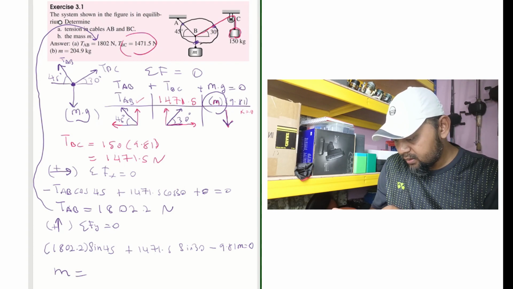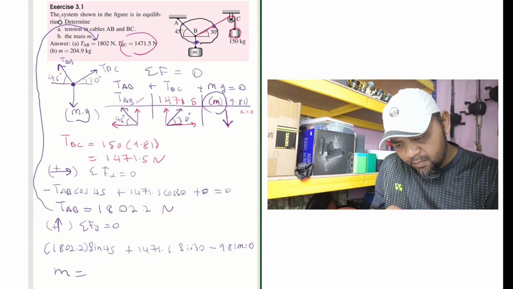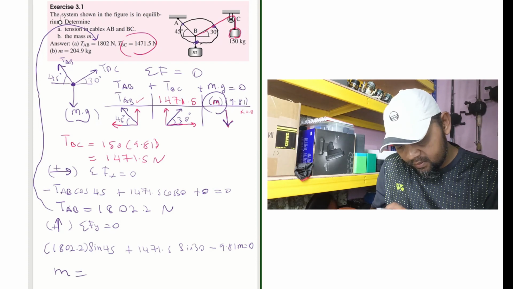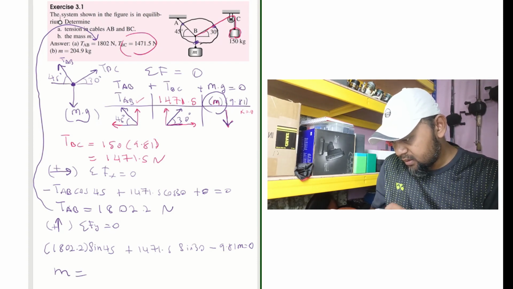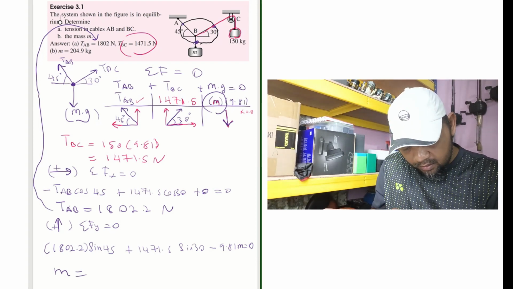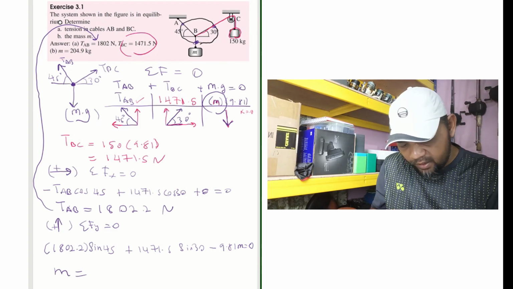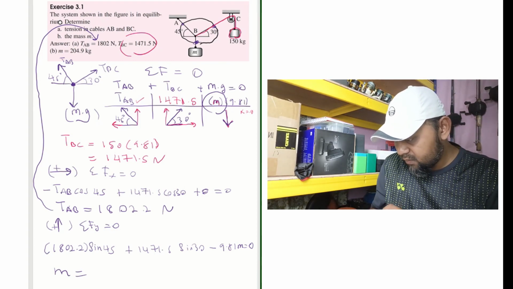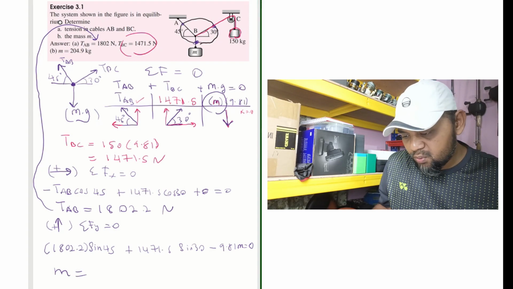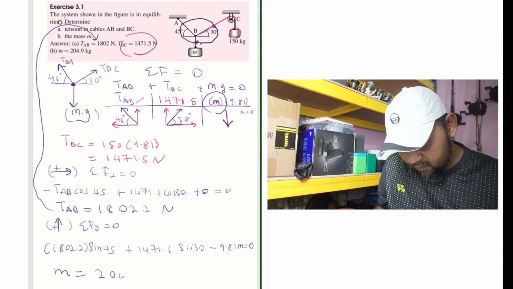So just calculate this one. 1802.2 sine 45 plus 1471.5 sine 30, divided by 9.81, so you have 204.9 kg.